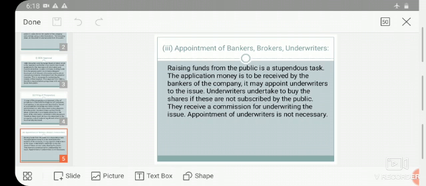That means underwriters undertake to buy the shares if these are not subscribed by the public. This is the third step: appointment of bankers of the company, brokers, then underwriters.